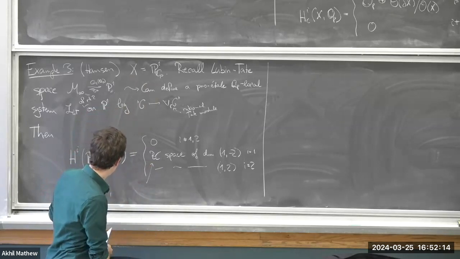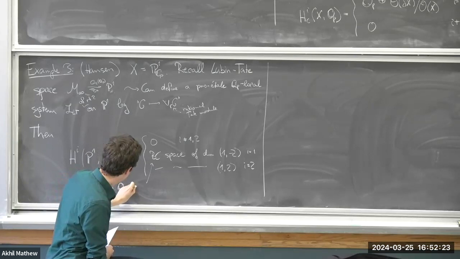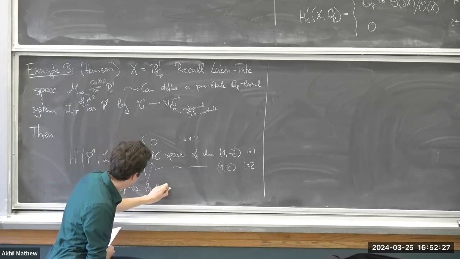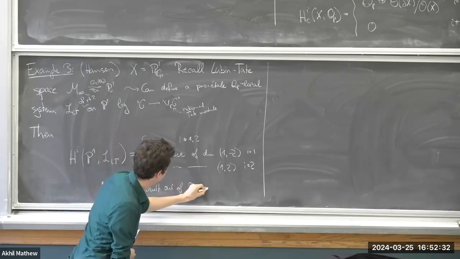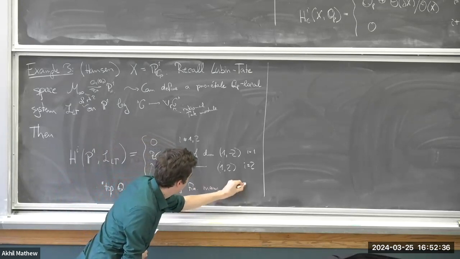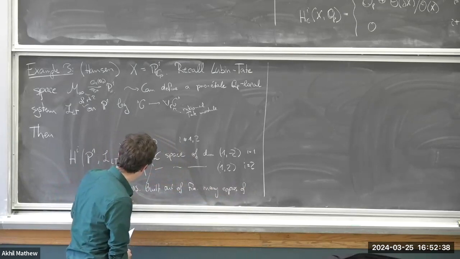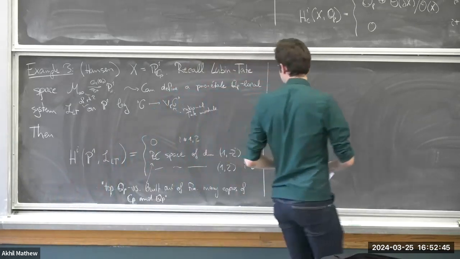Roughly, it's a topological Q_p vector space built out of finitely many copies of C_p and Q_p.